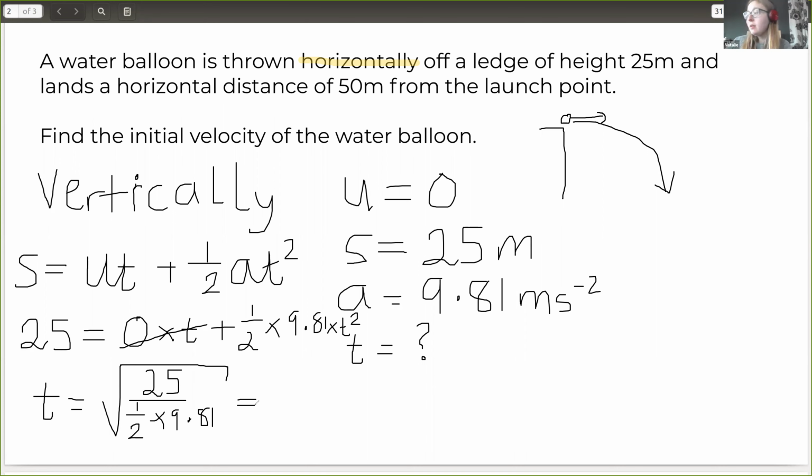And so popping that into a calculator, 25 over 0.5 times 9.81, that gives us 2.26 seconds. And I've rounded that to 3 significant figures.